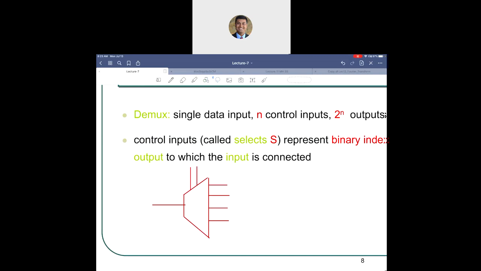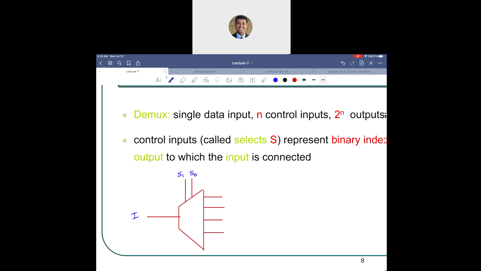And let us use some other color for naming them. Say my input, I'm going to call the input I, and I have my 2 select lines. S1 is the most significant select, S0 is the least significant select.